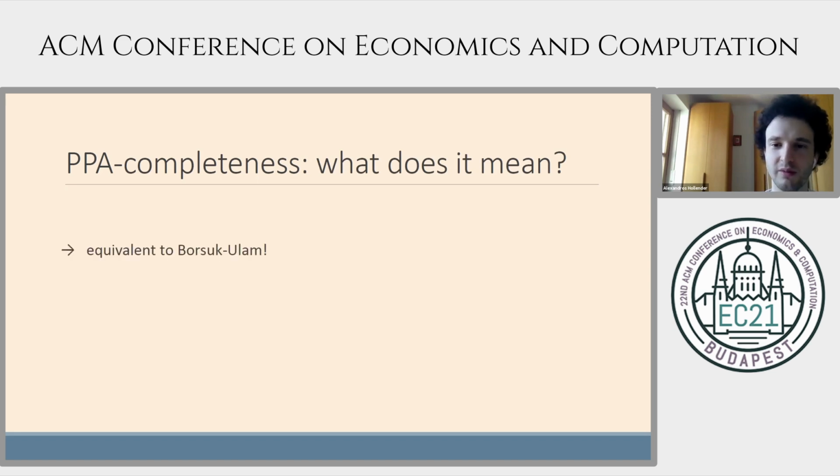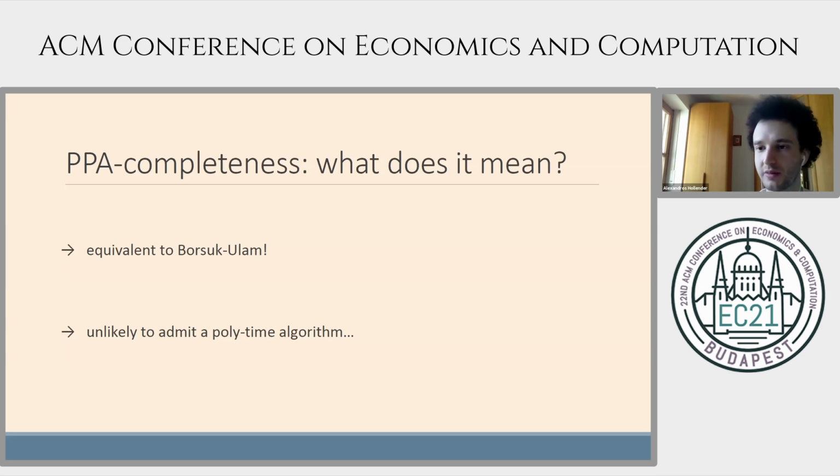So first of all, the mathematical interpretation is that the consensus-halving theorem is in a certain sense equivalent to this topological Borsuk-Ulam theorem. And from a computational perspective, it means that the consensus-halving problem is unlikely to admit a polynomial time algorithm. And this is because in particular, it's as hard as computing a Nash equilibrium, but also many other problems that have been proved complete for PPAD.